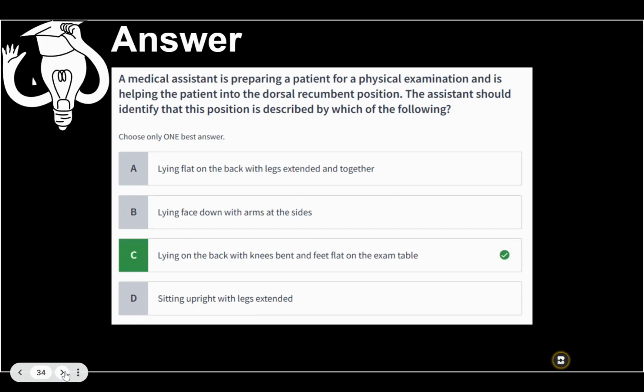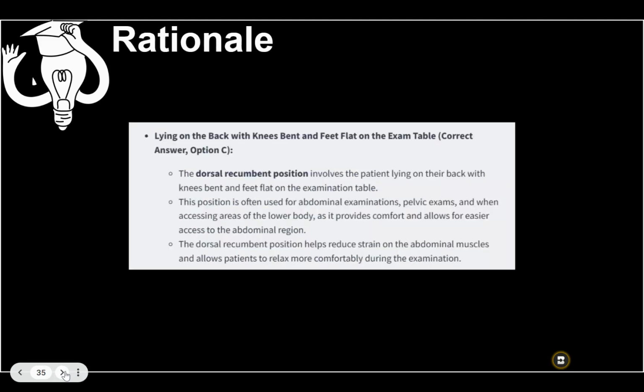Now, if you said C, lying on the back with knees bent and feet flat on the exam table, then you are correct. The dorsal recumbent position involves the patient lying on their back with the knees bent and the feet flat on the table. This position is often used for abdominal examinations, pelvic exams, and also when accessing areas of the patient's lower body.